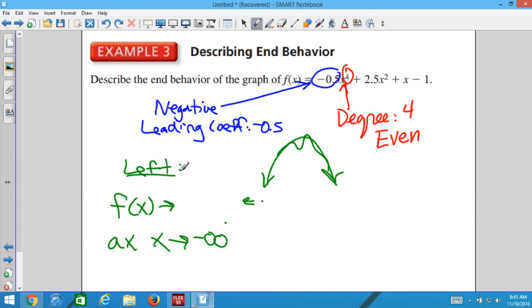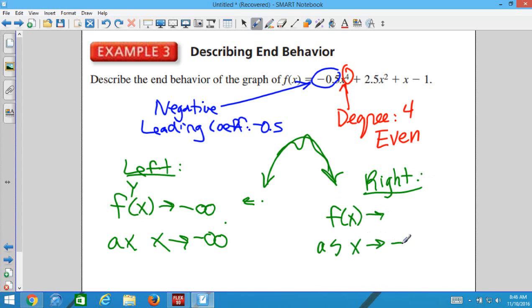So the left side, what are the y values doing as we go to the left? So how do I say that? It approaches negative infinity. So that would be the left side. And then over here on the right side, we always start with f of x approaches something as x approaches positive infinity.